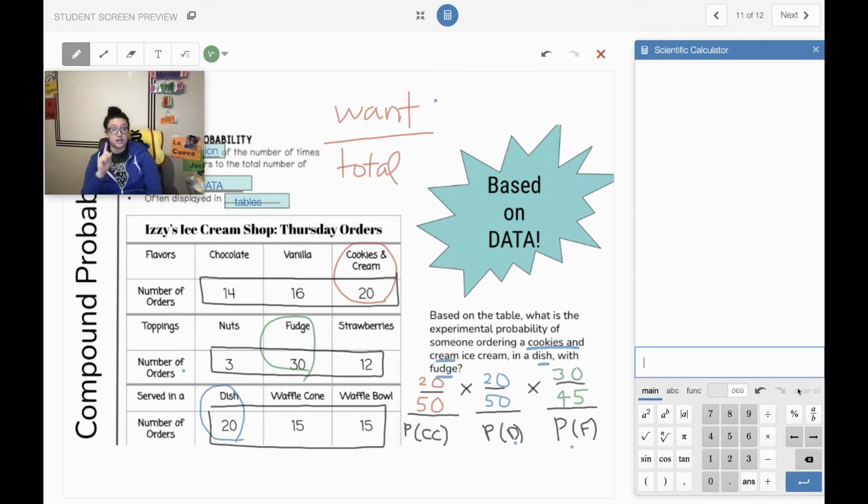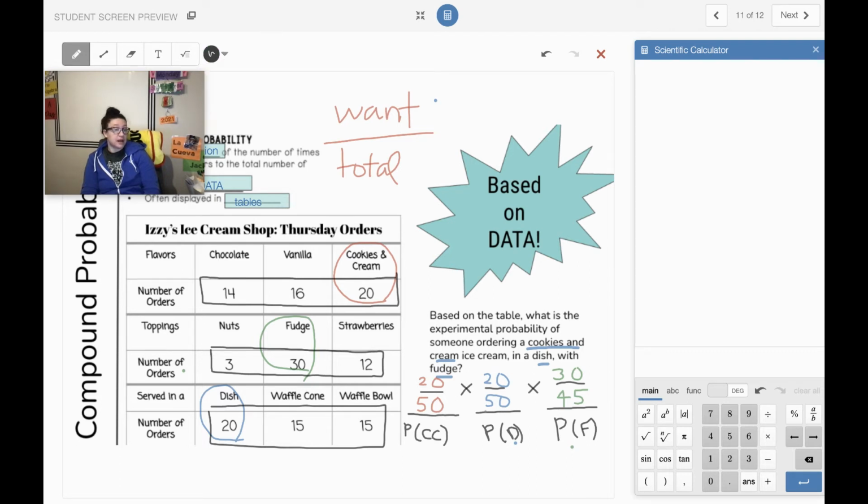So I have 20 over 50 times 20 over 50 times 30 over 45. Those are some big numbers, aren't they? A little ugly. What do you think we could do with those fractions before we multiply them? We can simplify them.